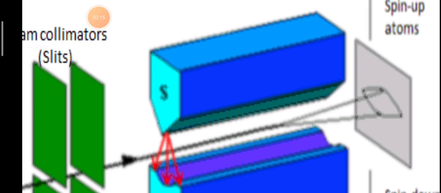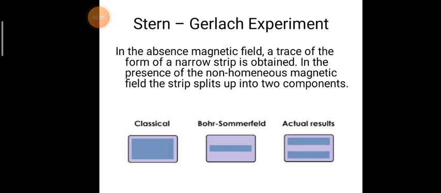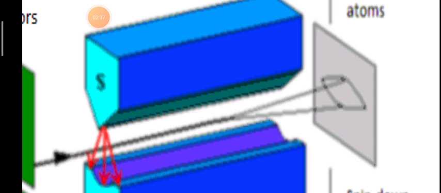So in order to produce a non-uniform magnetic field, we have taken this sort of magnetic dipoles, where the intensity of the magnetic field is high at the midpoint along the axis, and the intensity decreases slowly on either side of the midline of the magnetic dipoles.